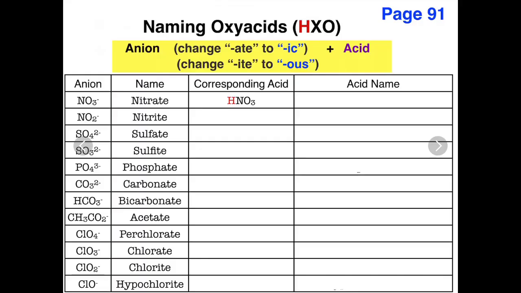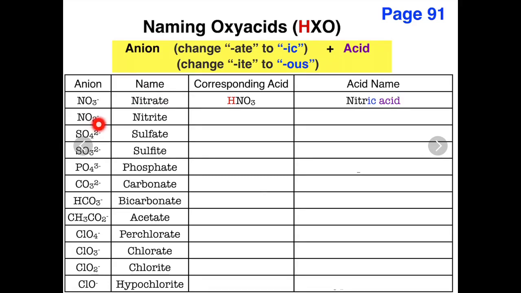The name of this acid would be, again, these contain more than 2 elements. Therefore, we don't need to use the word hydro. We are going to name this acid based off the name of the polyatomic ion. This ends with ate. We are going to change this ate to ic and then follow with acid. So instead of nitrate, you're going to change to nitric and then end with acid. So it would be nitric acid.